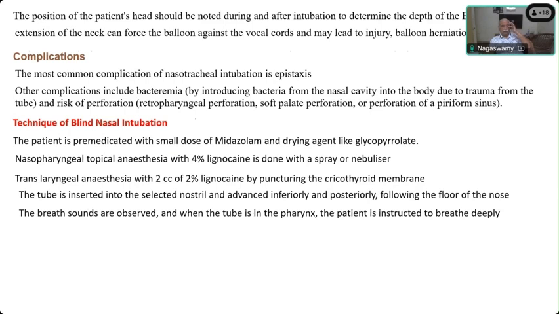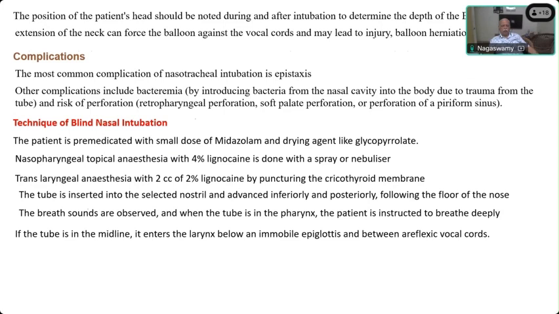Then you keep listening to the breath sounds, and when the tube is in the pharynx, the patient is instructed to breathe deeply. So you must try to breathe as harshly as possible. And if the tube is in the midline, it enters the larynx below an immobile epiglottis between the areflexic vocal cords.